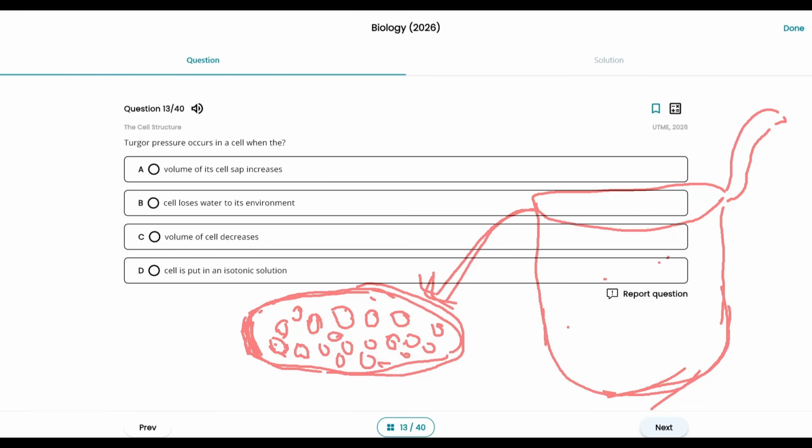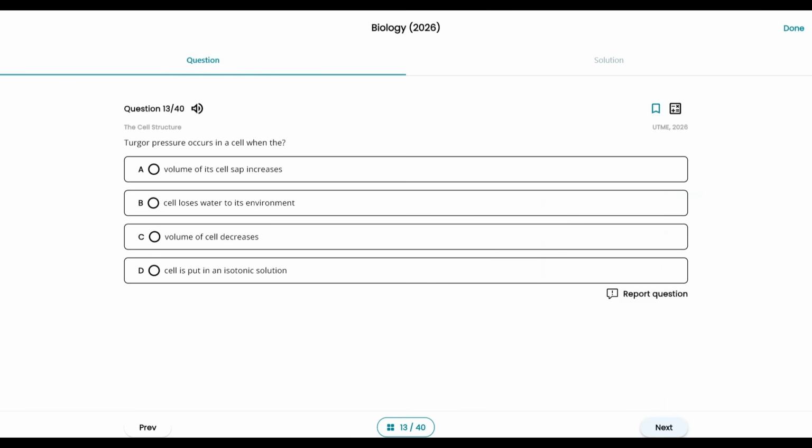All right, let me show you something. Water enters.